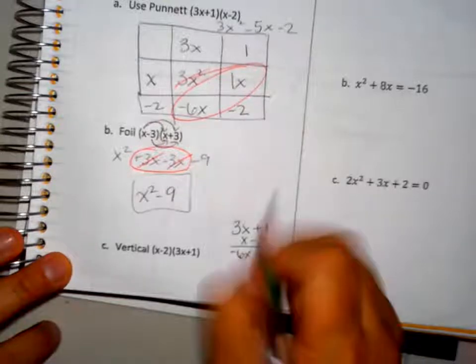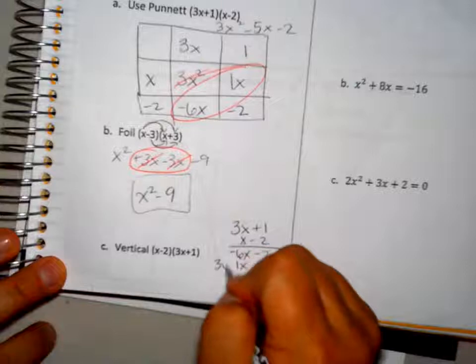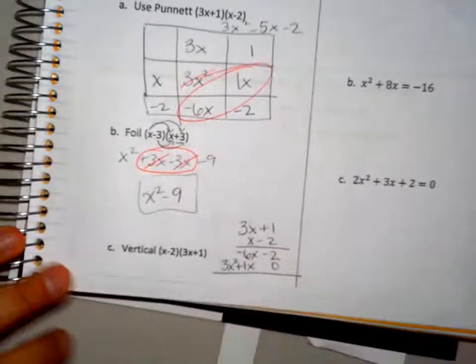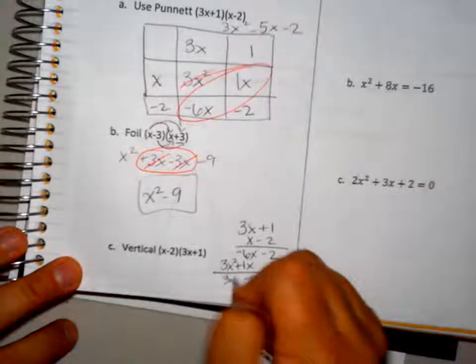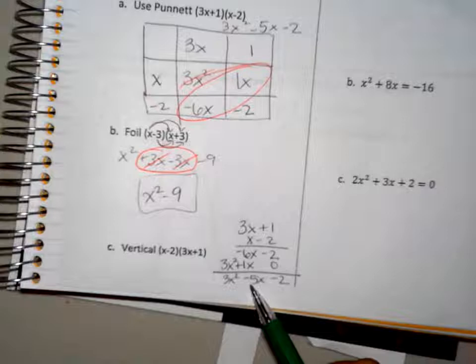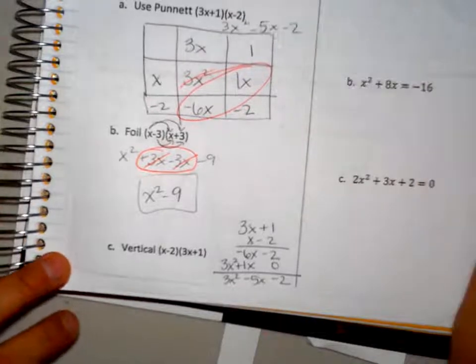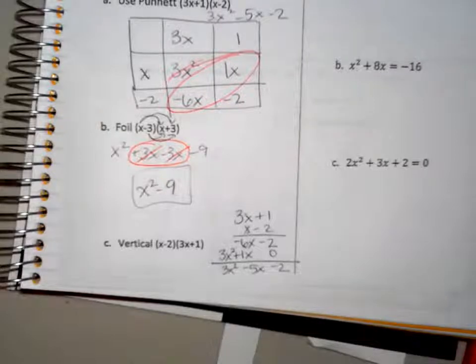X times 1, 1x. X times 3x, 3x squared. And then there you go, -2 minus 5x plus 3x squared. So you guys can check your answers. Remember, it's the same one that was up here in the Punnett square. Got the same answer for both. All right.